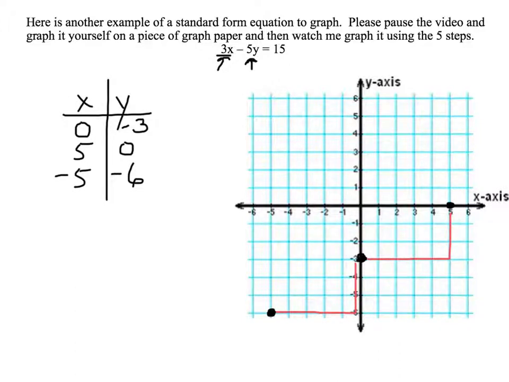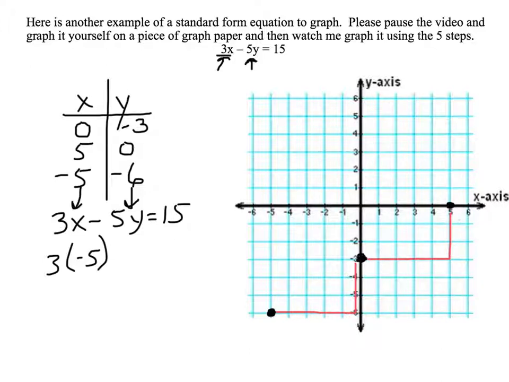So the next thing that I want to do is go through and check that and make sure that that is working in this particular equation. So here's the equation, 3x minus 5y is equal to 15, and I'm going to put that negative 5 in for the x, I'm going to put that negative 6 in for the y. So when I do that, 3 times negative 5, subtract 5 times negative 6, does need to equal 15. 3 times negative 5 is negative 15.